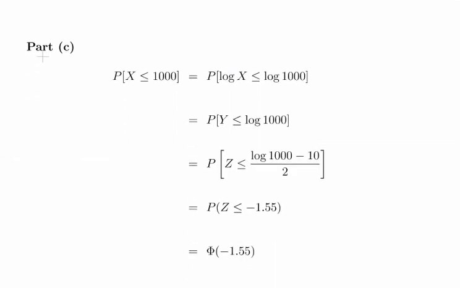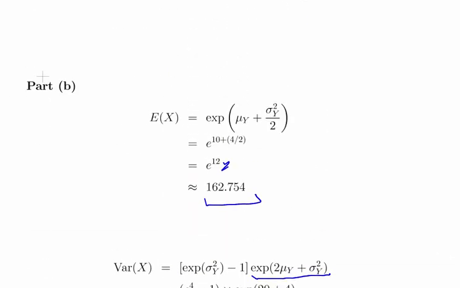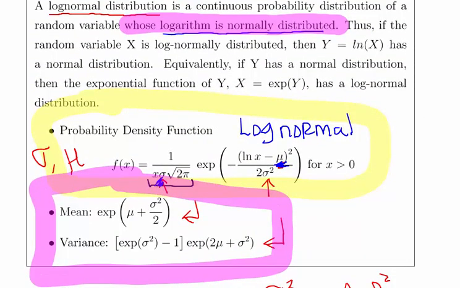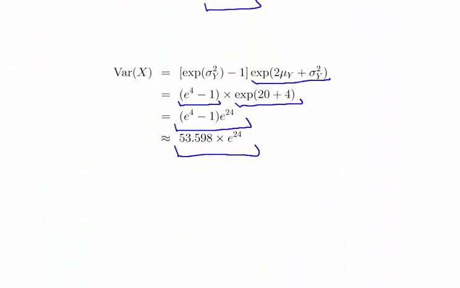Now, what we're asked for in the last part is the probability of x less than or equal to 1000. Okay, that's tricky. We're not really given any guidance here about how to do probability calculations, are we?